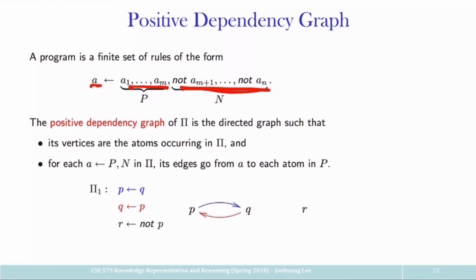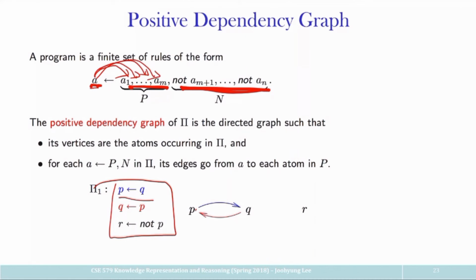Now we are going to draw edges based on this program. Given a program like this, there are three atoms, P, Q, R. Each atom forms a node in the graph, and there's an edge from P to Q if there's a rule P if Q. So you draw an edge from the head to the atoms in the positive body.